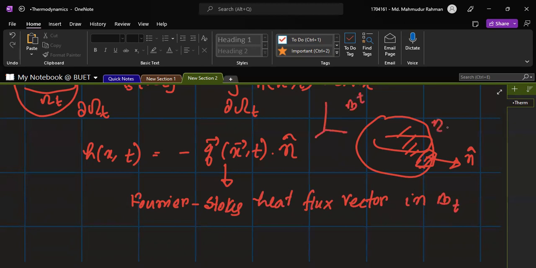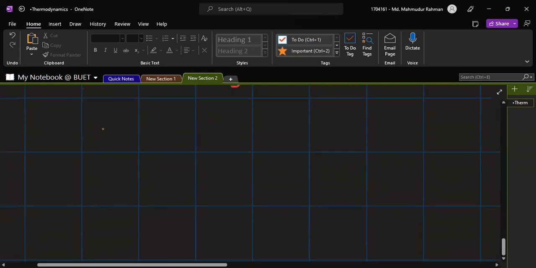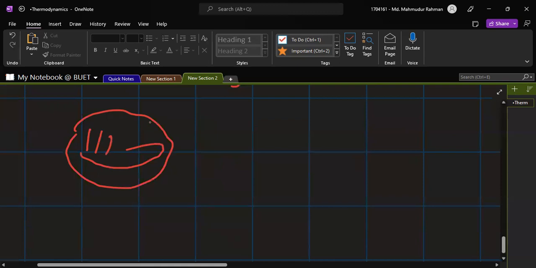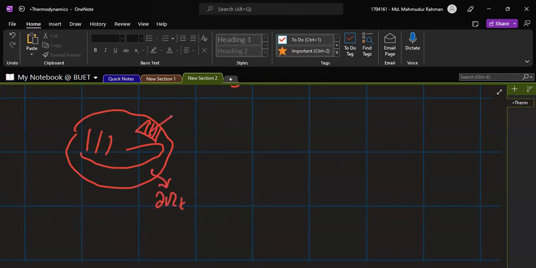We have a configuration space, and this is our Bt. And this is omega t, the subset that we are dealing with. What we are doing is considering a volume. This volume is bounded by the surface del omega t, which has an outer unit normal n hat.